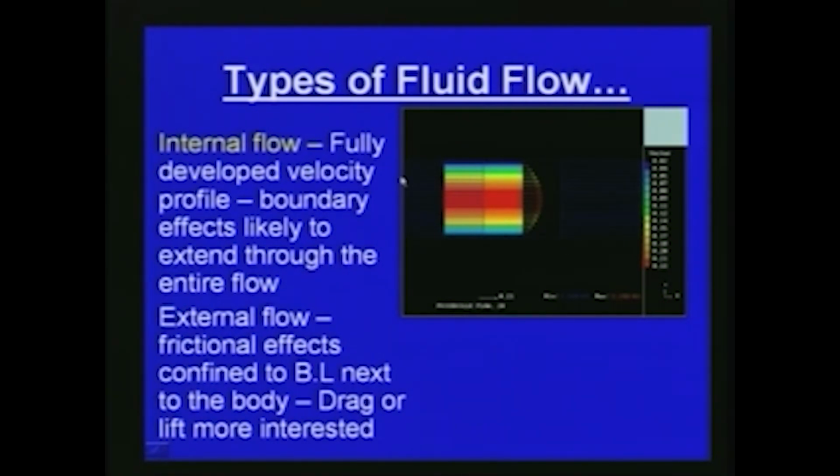Here a fully developed velocity profile is formed, and then after some time the boundary effects are still there, and they extend through the entire flow. This is again the internal flow. As far as external flow is concerned, the frictional effects are confined to the boundary layer next to the body, and here the drag or lift are more important.